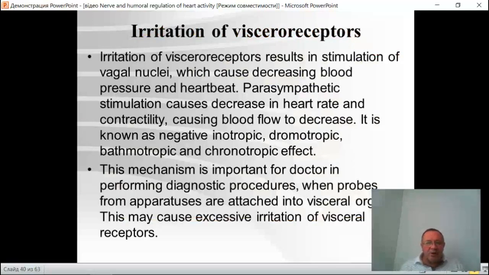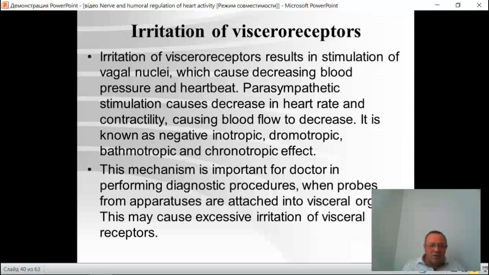Next, information about irritation of visceral receptors and its effect on heart activity. Irritation of visceral receptors results in stimulation of vagal nuclei, which causes a decrease in blood pressure and heartbeat. Parasympathetic stimulation causes a decrease in heart rate and contractility, causing blood flow to decrease.